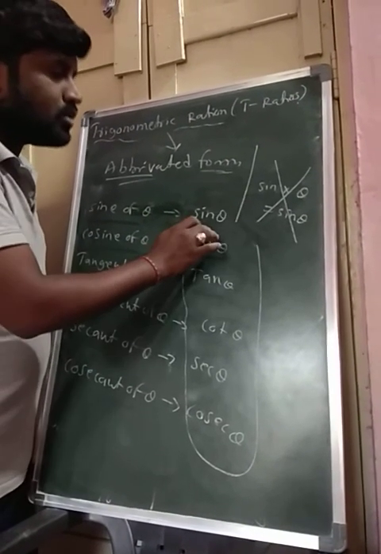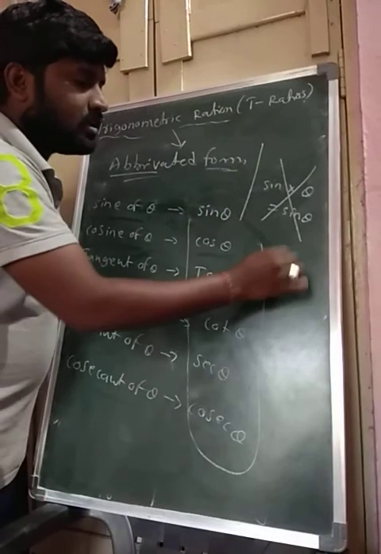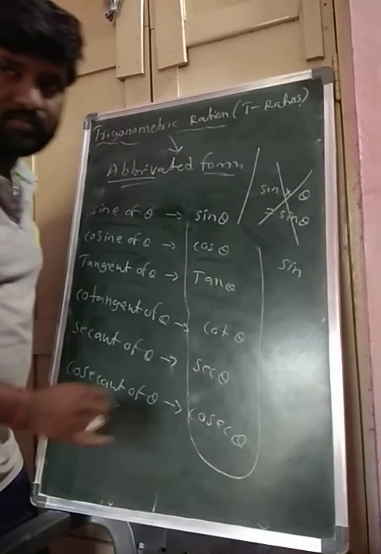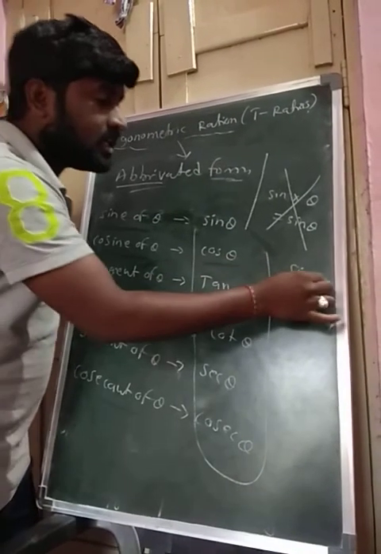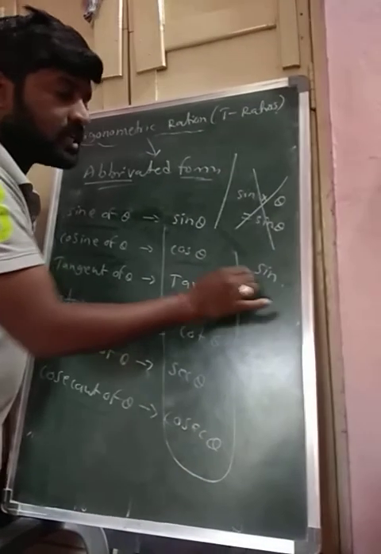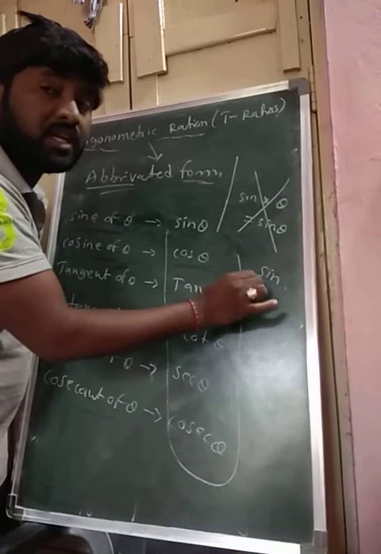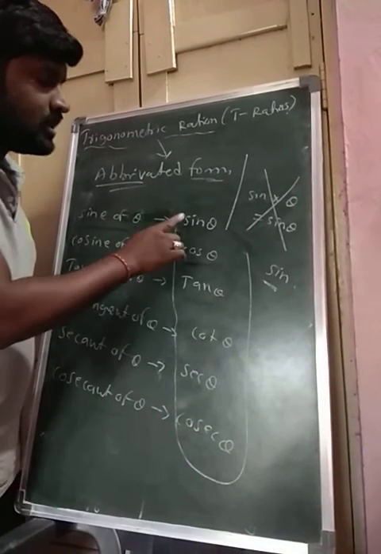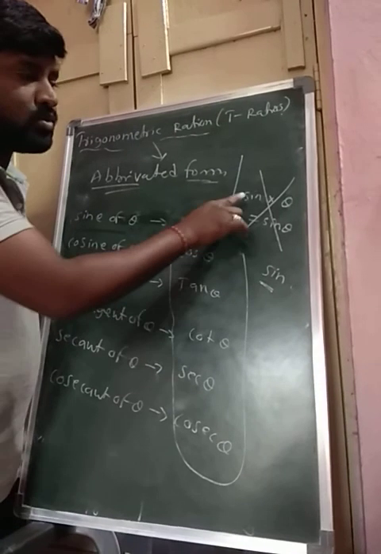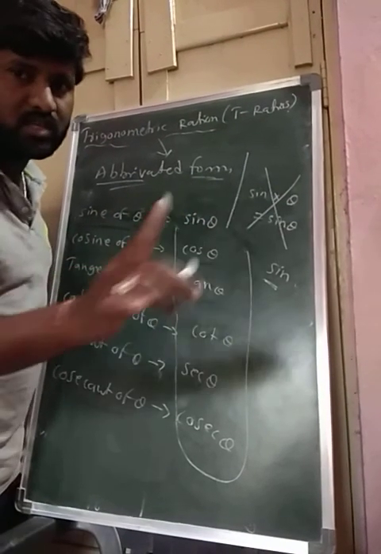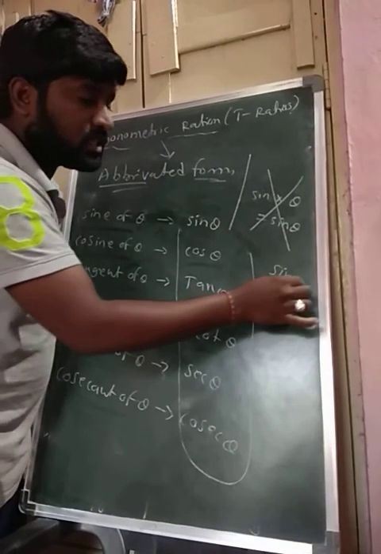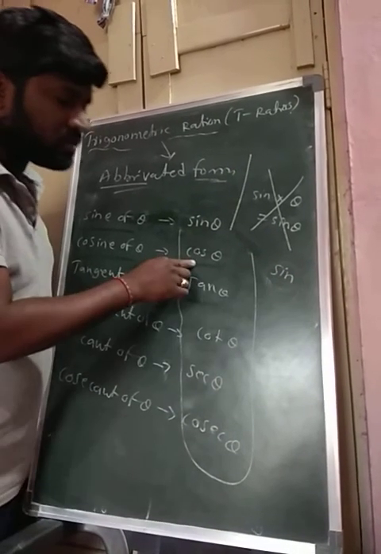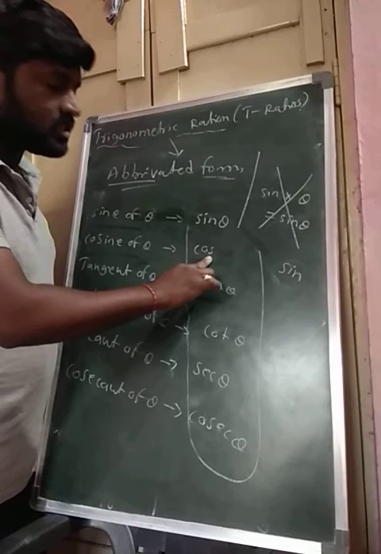Without theta it is meaningless. If there is no theta next to sin, it is meaningless. And here also, without theta, cos is meaningless.